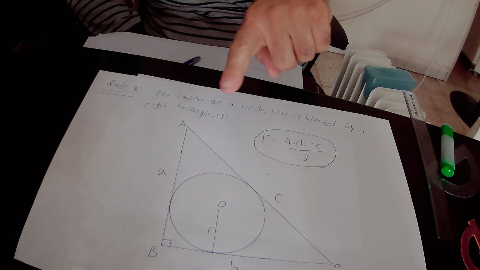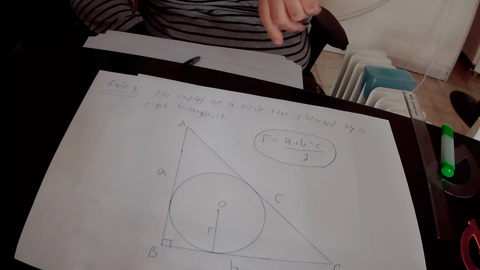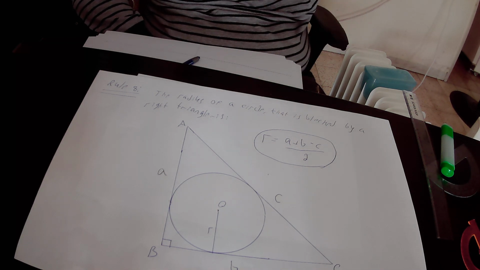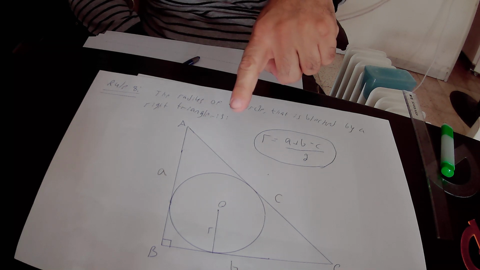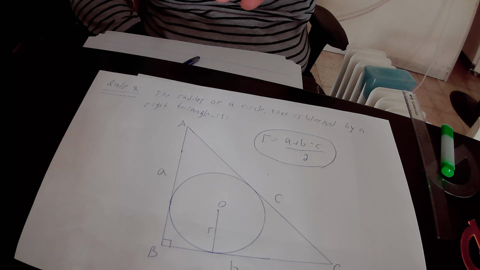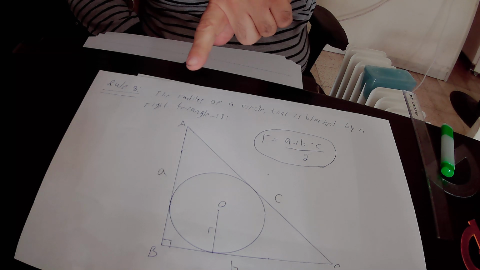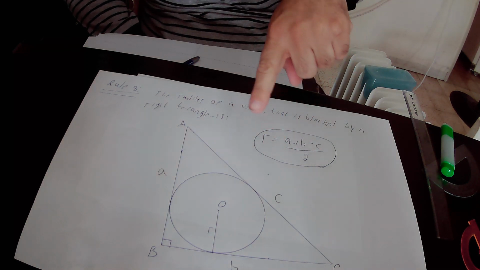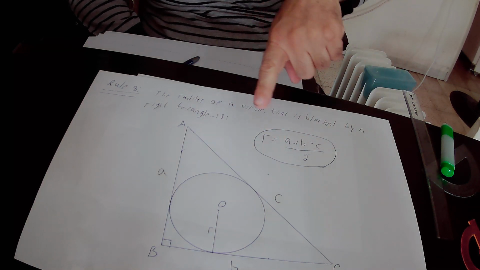So we have here the right triangle ABC. The right triangle ABC blocks this circle. And the radius of this circle is R. The length of side AB of the right triangle ABC is A, side BC equals B units in length, the hypotenuse AC equals C units in length.